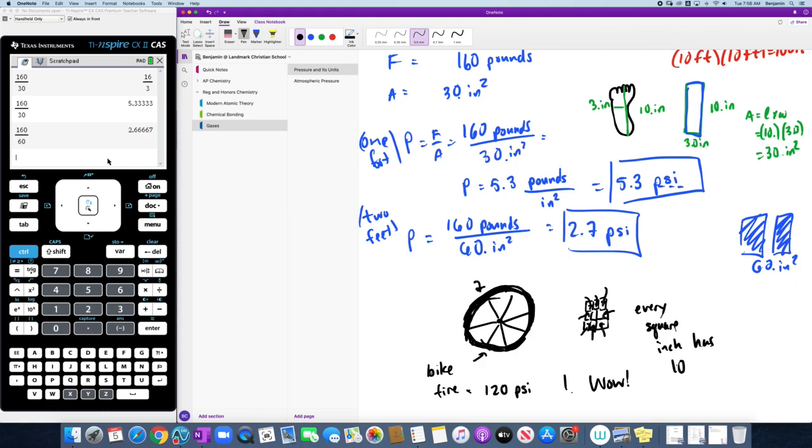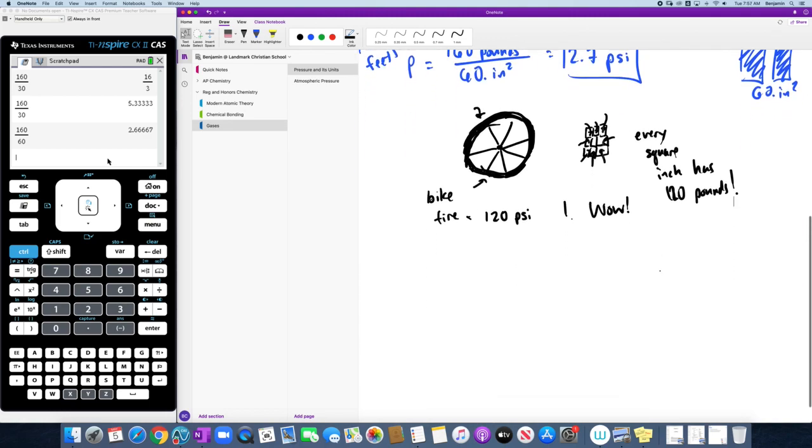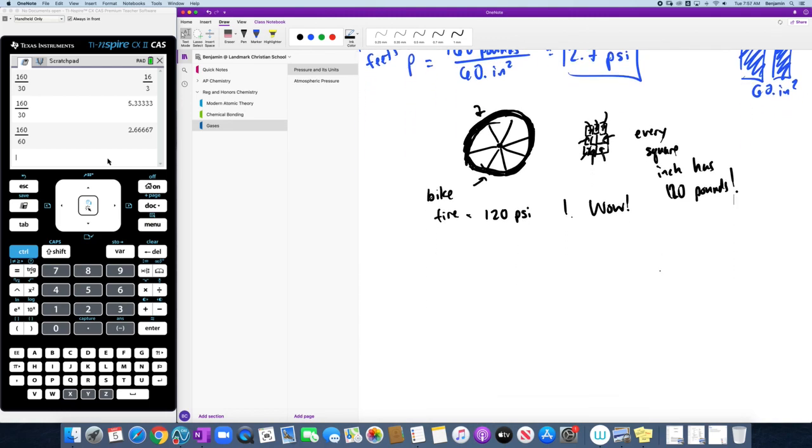So 120 pounds being pushed on it from the air, because air and gases can exert pressure just like gravity can cause things to exert pressure. Now here's an important difference about how gases exert pressure.